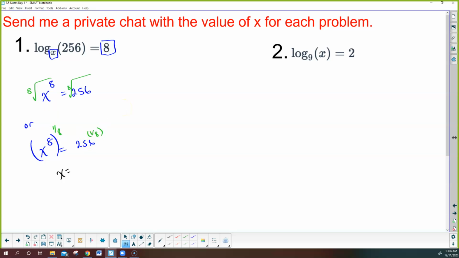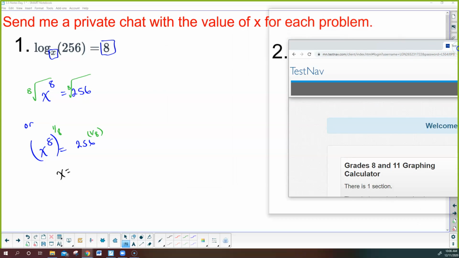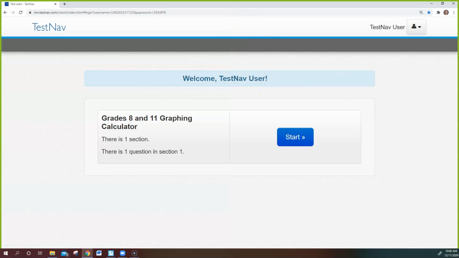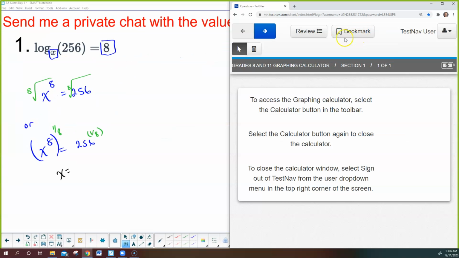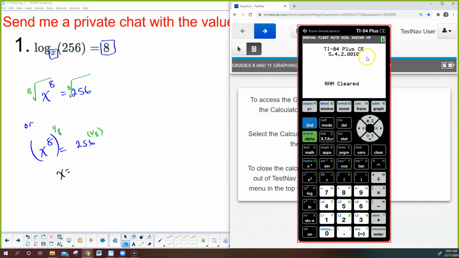I'm going to pull up my calculator here quick and show you how I would do that. If I'm going to do the first method, I have to type in 8, and then go to math. Option 5 is the x root. But notice that x has to have an input, so I had to put the 8 there first.